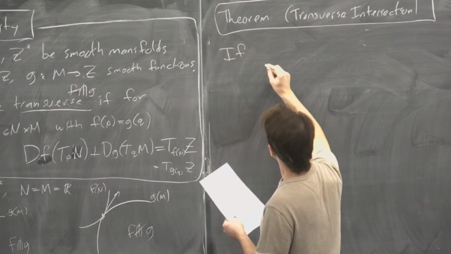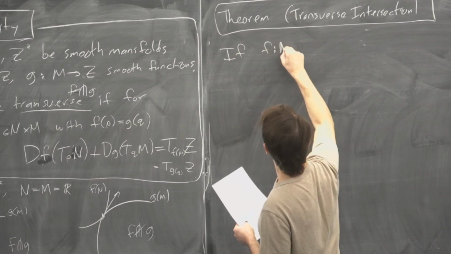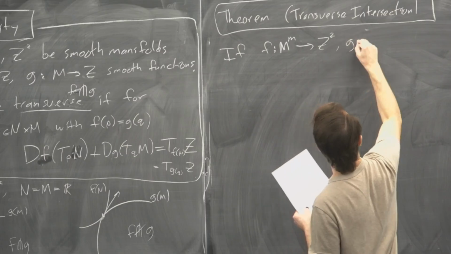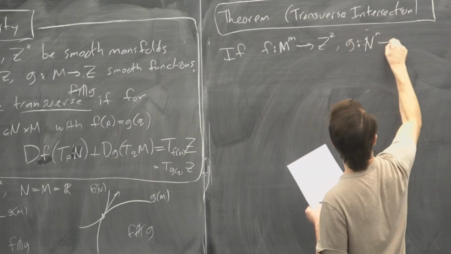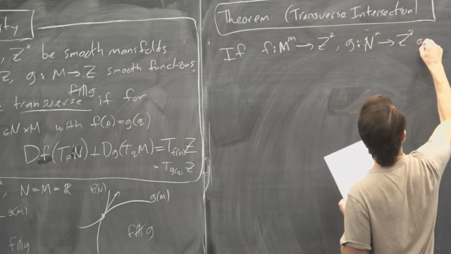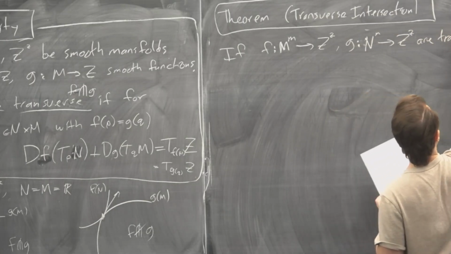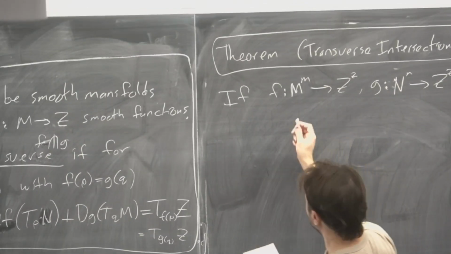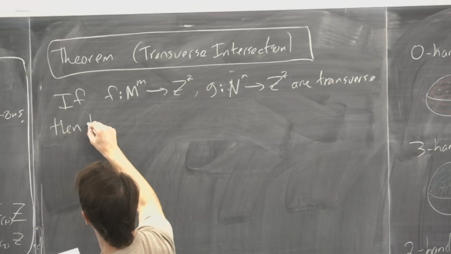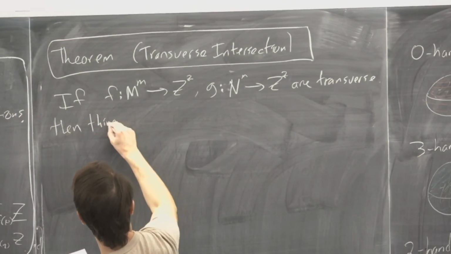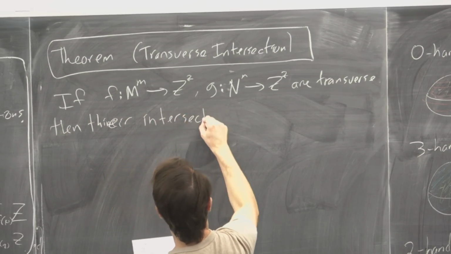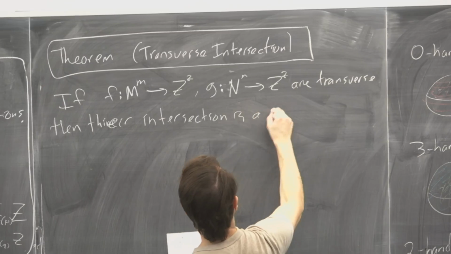So we have F, G transverse, and the intersection is a smooth manifold.